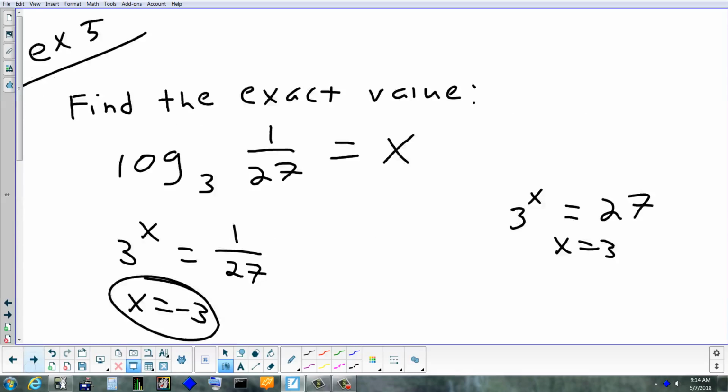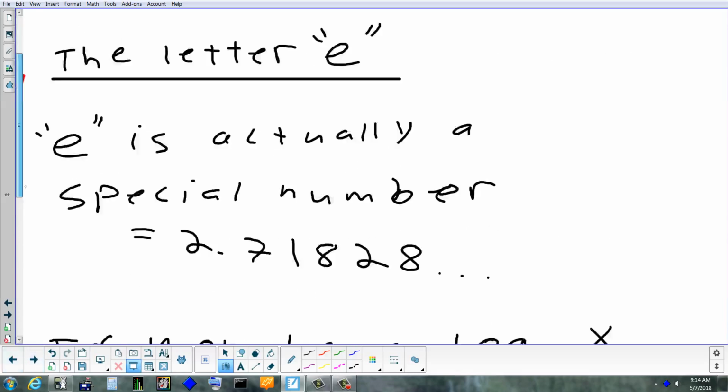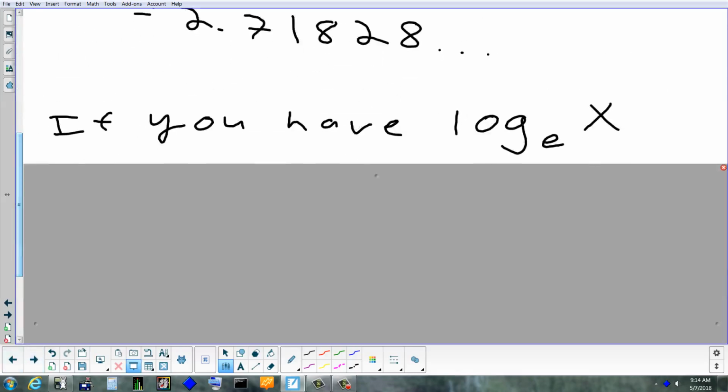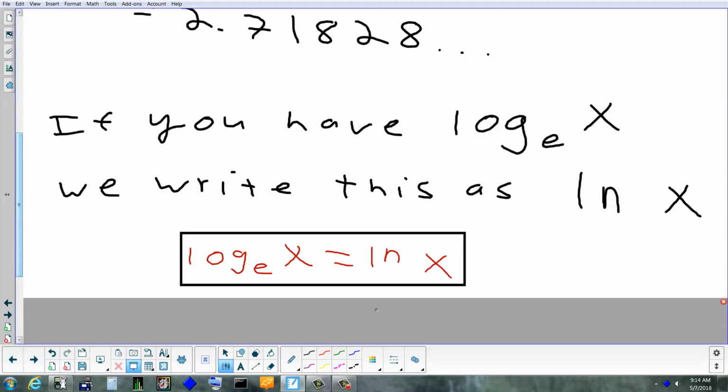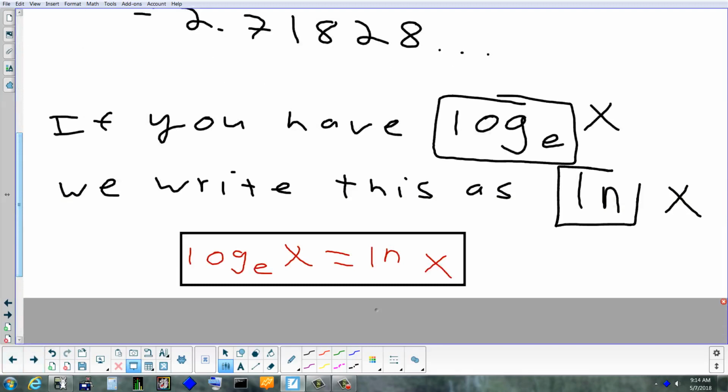Well, anytime that you have a log with a base of E, they use an abbreviation for it. That's lowercase l, lowercase n. So this gets abbreviated as that. It's not like it saves us a ton of time. I mean, log base E, that's only 4 letters to write. ln is 2 letters, so I guess it's half the number of letters.